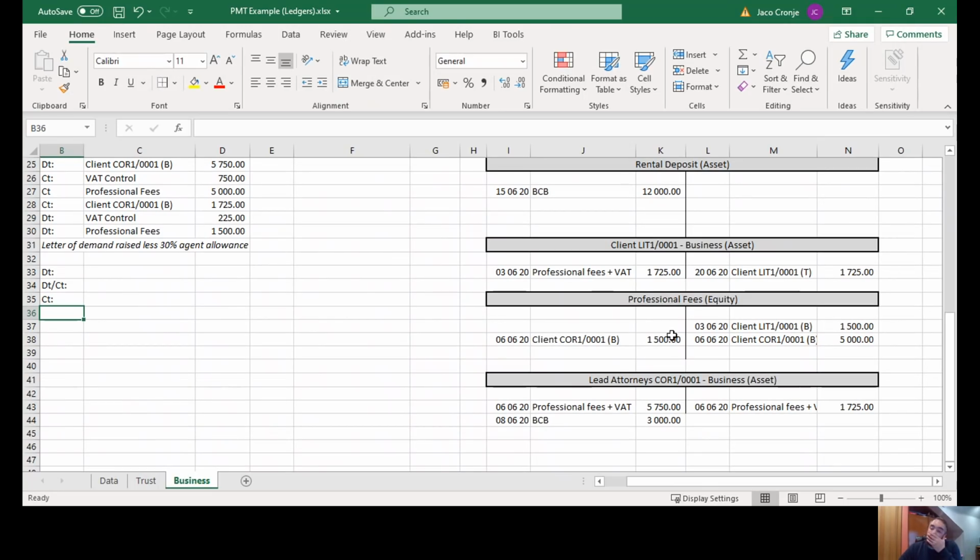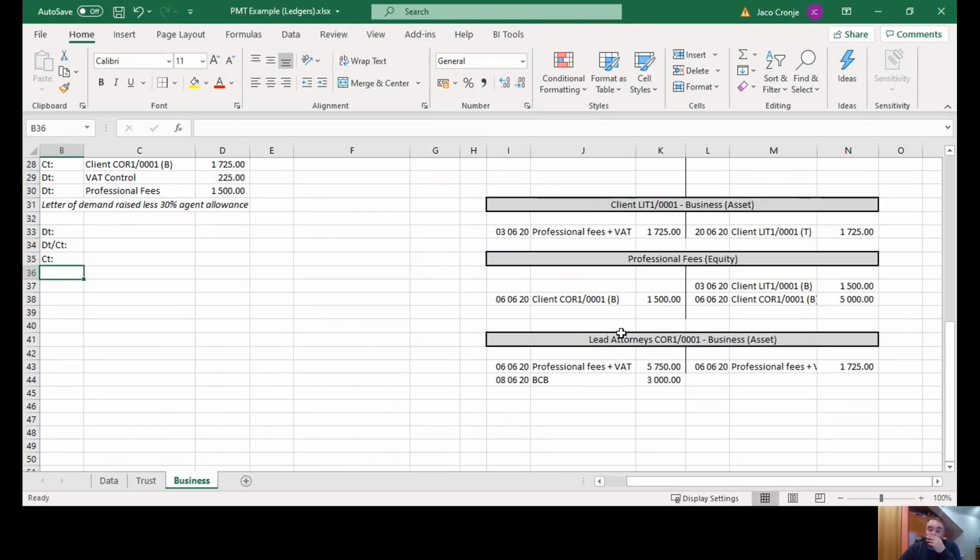So in terms of lead attorneys, will they owe me more money because of this collection commission or less? The answer is more. So I need to debit their account with the collection commission. Collection commission is 400,000 times 0.1.